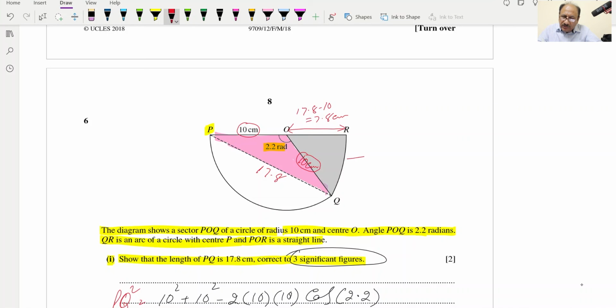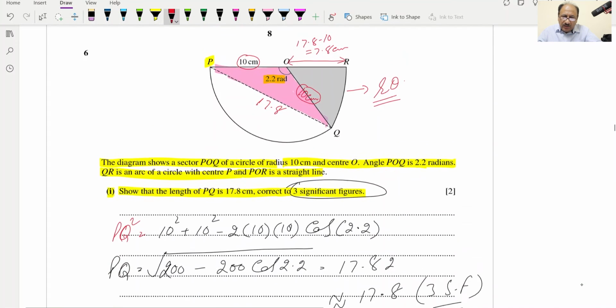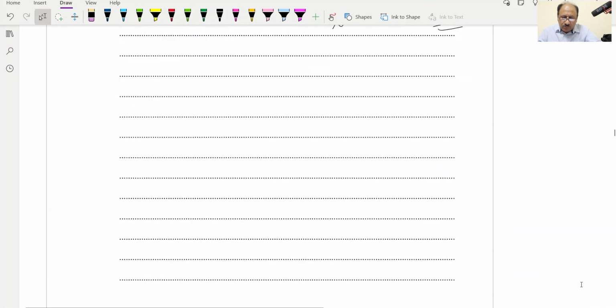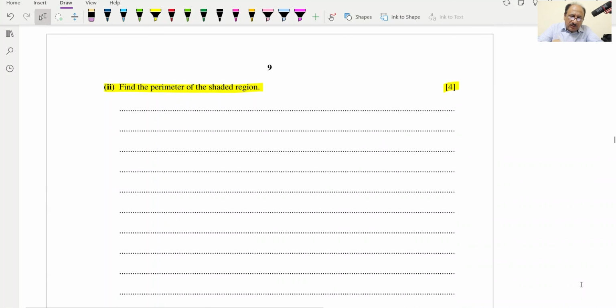Now the only thing remaining is this RQ, which will be found by r theta. We can write this information over here. We will write OQ is equal to 10. For the perimeter we require these things.